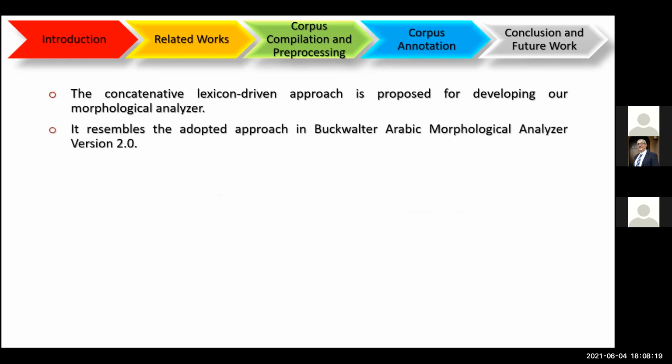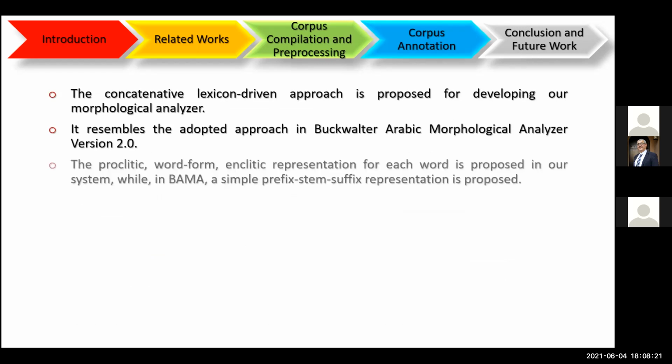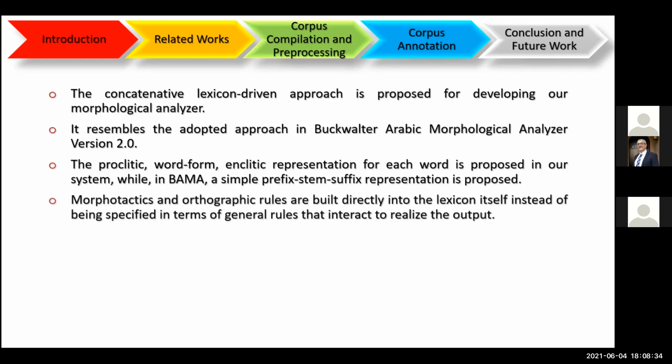It resembles the approach adopted in the Buckwalter Arabic Morphological Analyzer, where in our approach we use a proclitic word form enclitic representation, while in BAMA, a simple prefix stem suffix representation is proposed. And this system depends on morphotactics and orthographic rules being built directly into the lexicon itself, instead of being specified in terms of general rules that interact to realize the output.